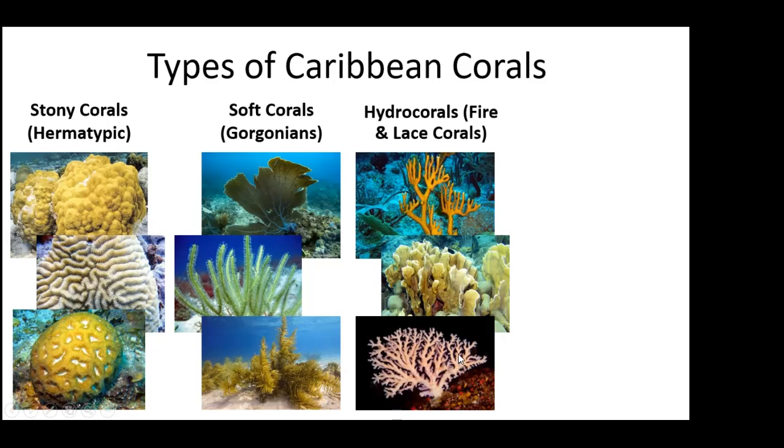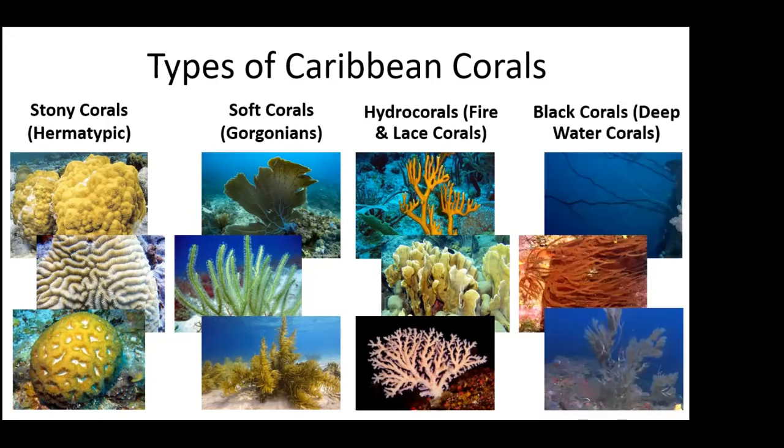But again, these species of hydrocorals are not contributing a calcium carbonate deposit behind when they continue growing or once they perish and other corals come on top of them. These don't leave that behind to build a reef structure upon. And then you have your black corals, also known as your deep water corals.